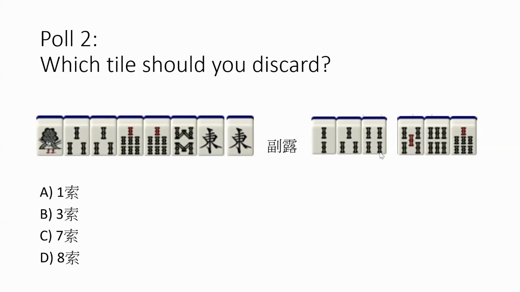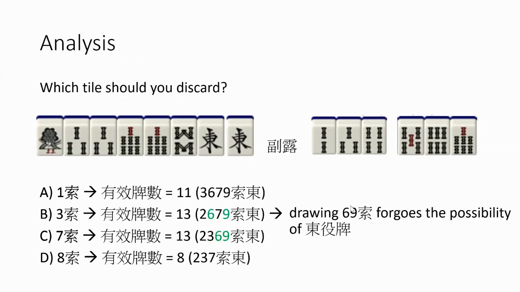And we have 1 person voting for 1索, 2 voting for 7索, and 2 voting for 8索. Okay, which is good. And now let us try to see which should be the correct tile to discard based on tile efficiency. In fact, when we discard 1索, you should be able to see that we are essentially waiting for 3六七九索 and also the dong.